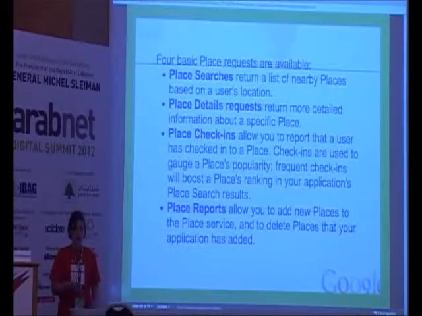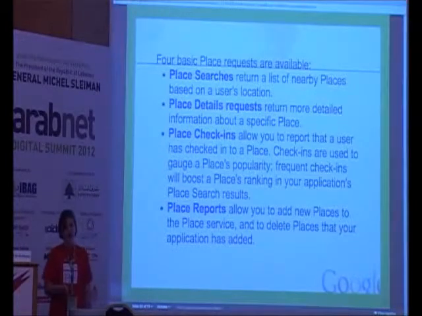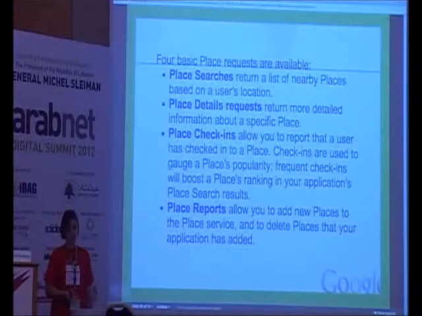This functionality, which is available on Google Maps for mobile, you can also integrate within your application by using place check-ins. And you can use the information about new places or allow users of your APIs to create new places through the Places API.